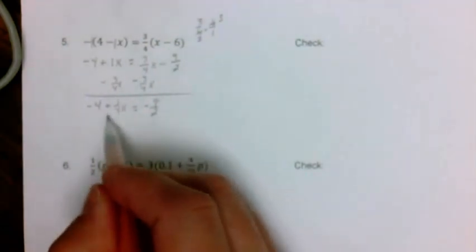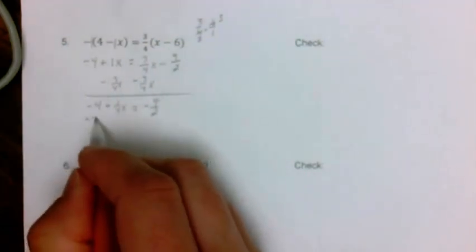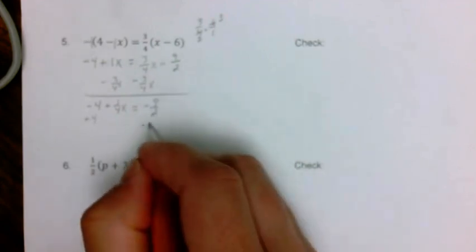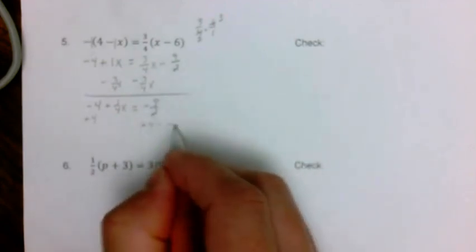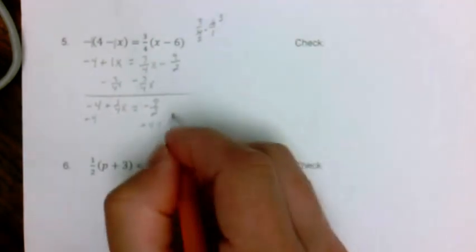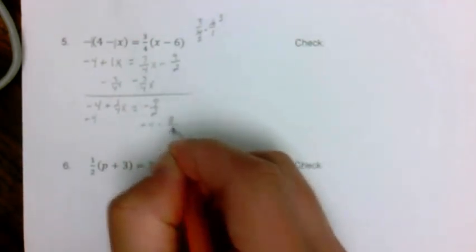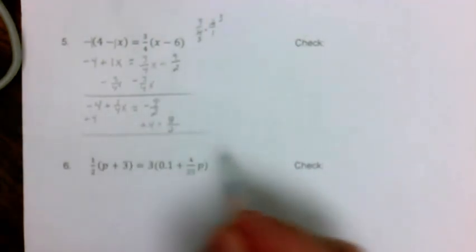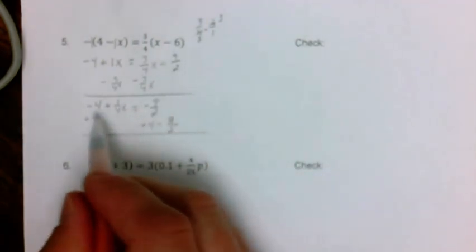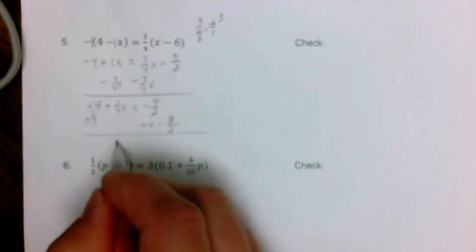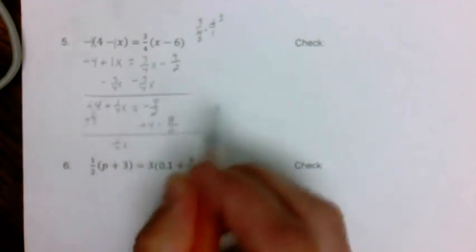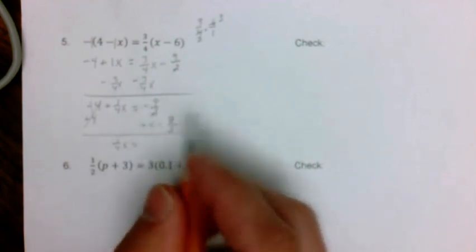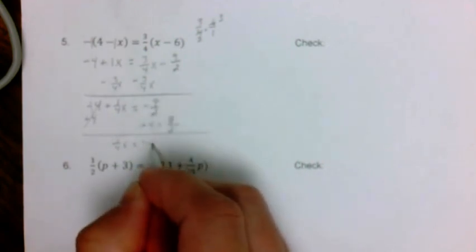Now on the left, we'll isolate this variable term by adding 4 to each side. When you add 4, well, 4 is the same as 8 halves. On the left-hand side, -4 plus 4 is 0, so we're left with 1/4 x. And on the right-hand side, -9/2 plus 8 halves is -1/2.